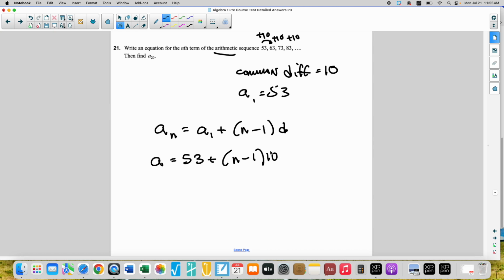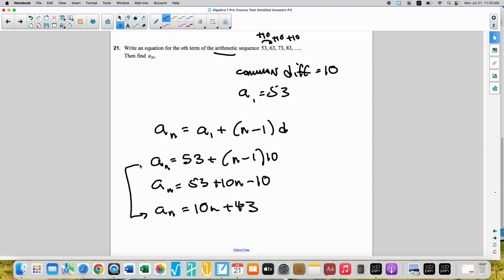And then we can simplify this. So we get a sub n equals 53, distribute, plus 10n minus 10. So a sub n equals 10n plus 43. That is the formula. So both of these formulas are correct.